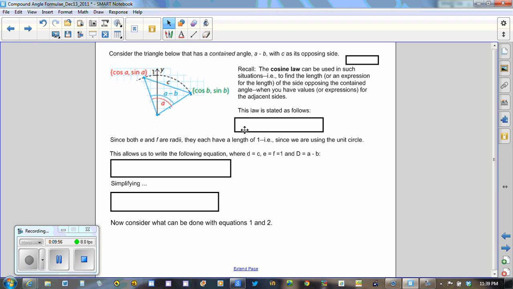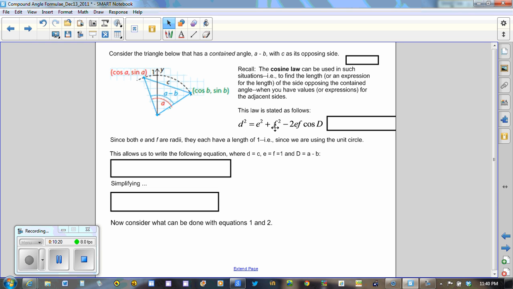Recall the cosine law was stated as follows. Notice that I have moved away from using the same lettering systems of A, B, and C, given that those values have already been used to represent angles in the diagram.